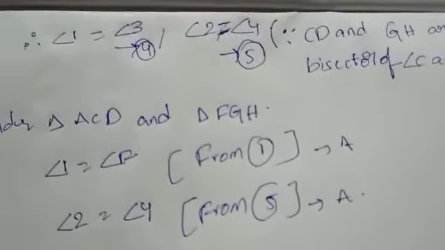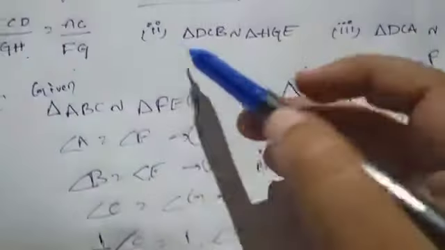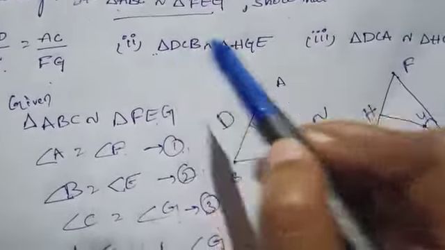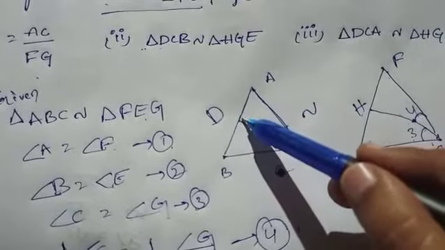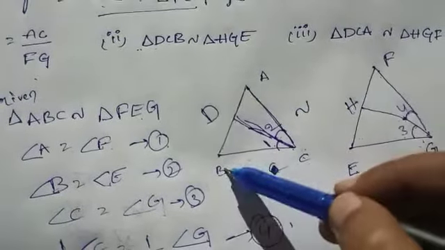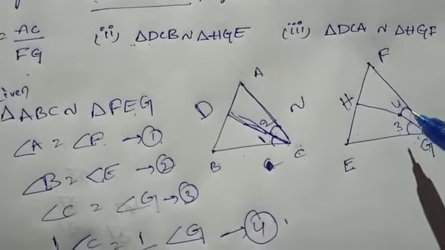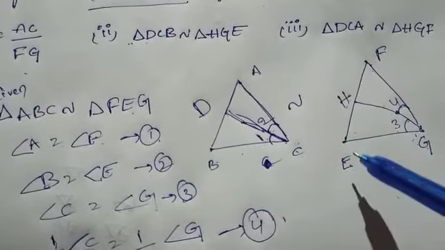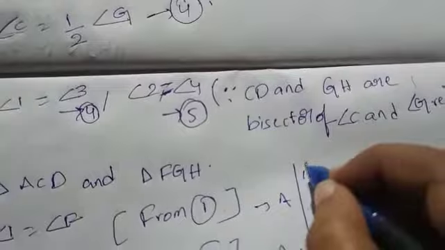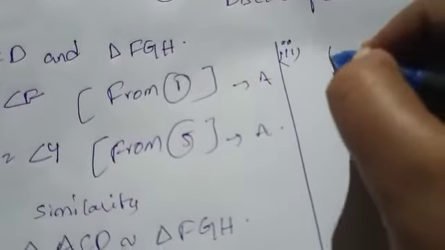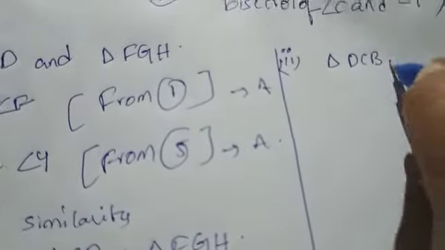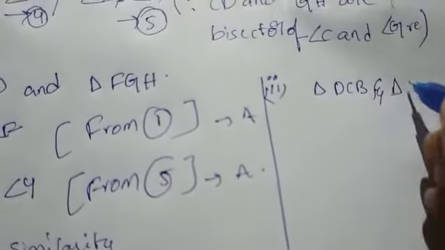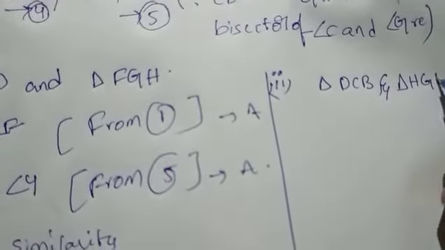Second part, we have to prove triangle DCB is similar to triangle HGE. Consider triangles DCB and HGE.